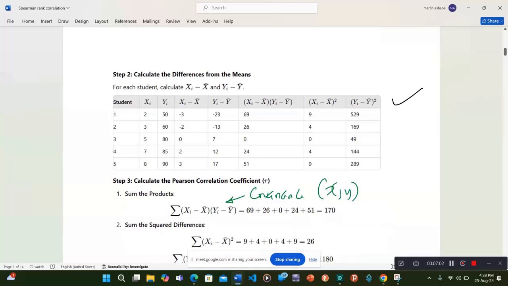That means if I plotted a graph between the two, I would find that I'm coming up with a perfectly linear graph.